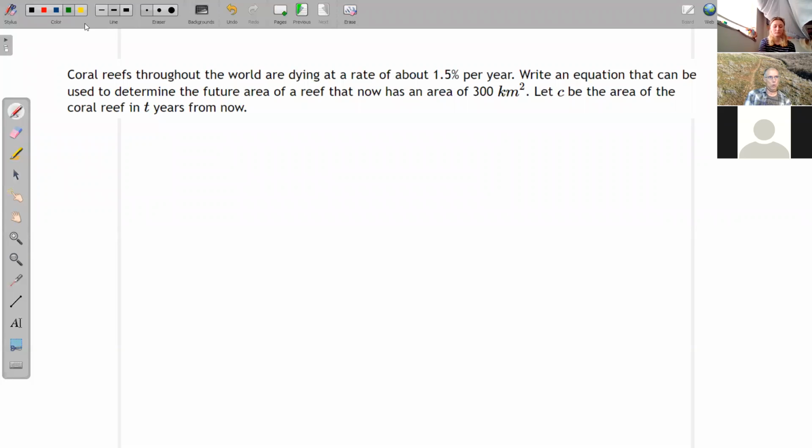So like before, exponential is y equals something like a times b to the x, but they're giving me a growth rate here. So the b is probably 1 plus r, to the x, and then we have our starting amount there. Similar to the last problem, but they want me to use c instead of y and t instead of x.